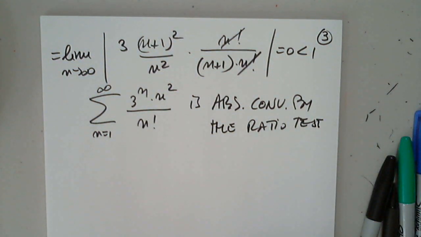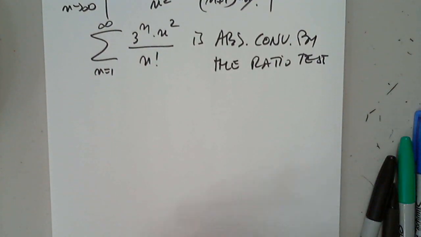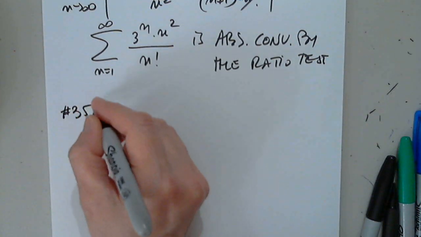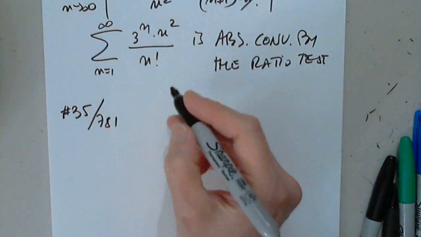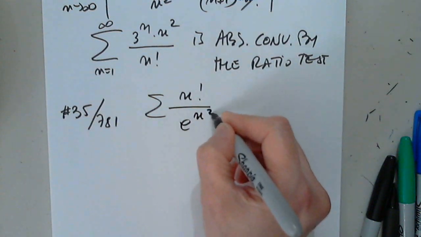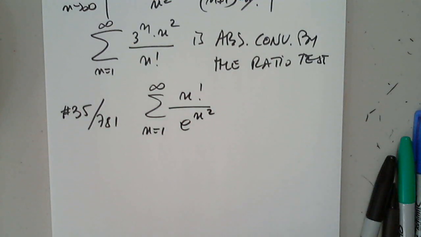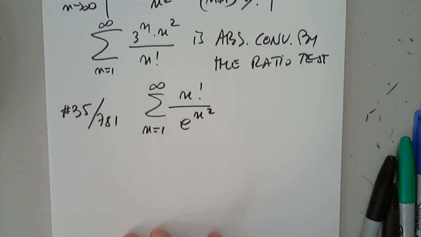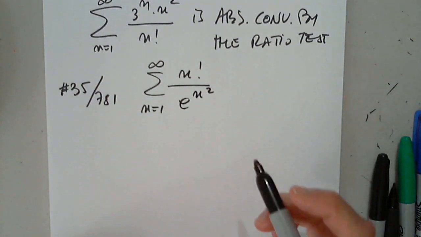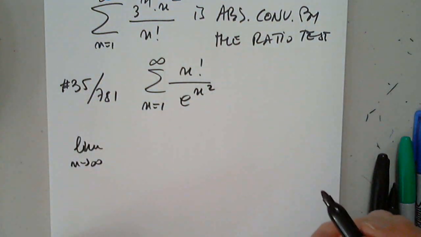Okay, that was 21. Okay, let's look at 35 on the same page. The series of n factorial over e to n squared, n equals 1 to infinity. Okay, same type of problem. We have the limit as n approaches infinity.